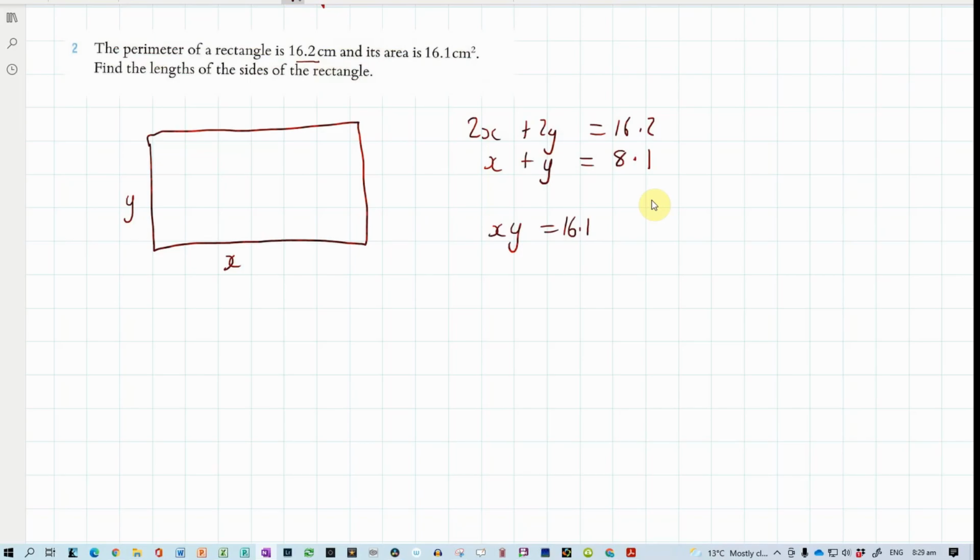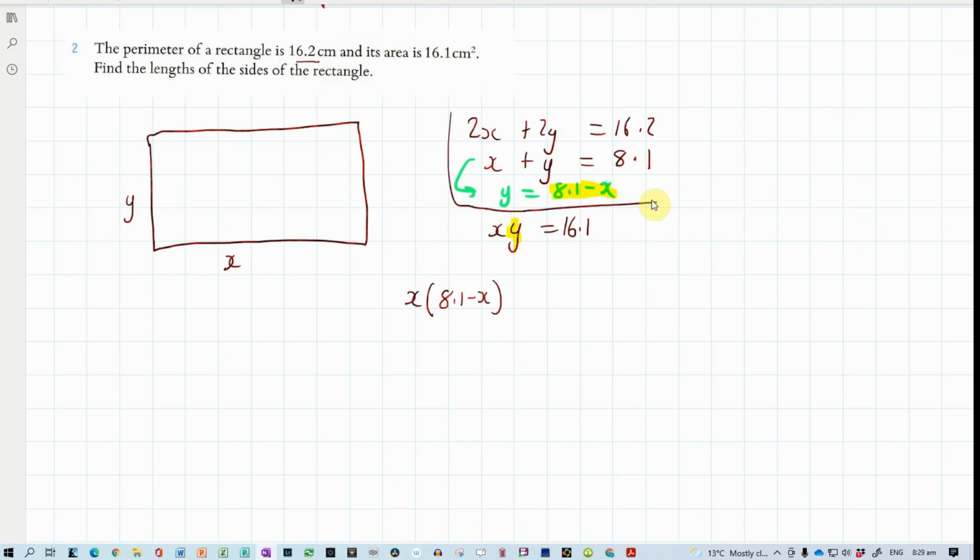Alright, I'm going to take this first equation here and rewrite it as y is equal to 8.1 minus x, and now this can be substituted in for y. So let's do that now. x times y, which is 8.1 minus x from our first equation, right?